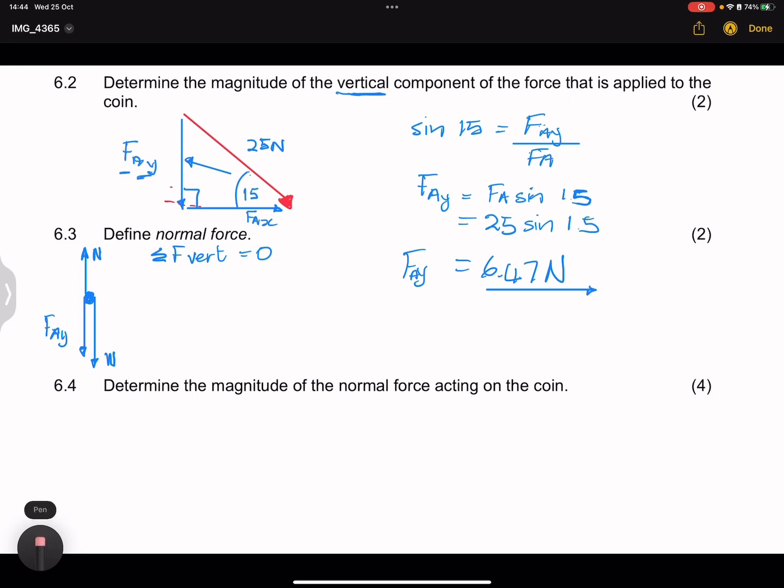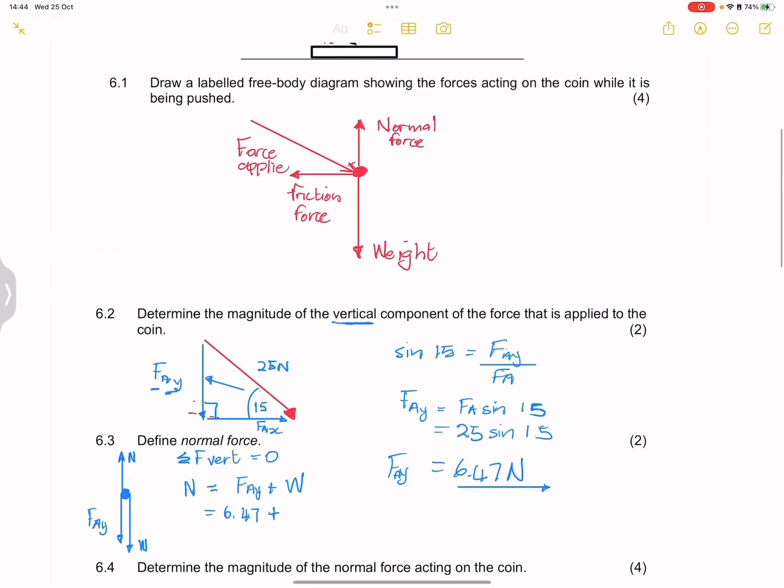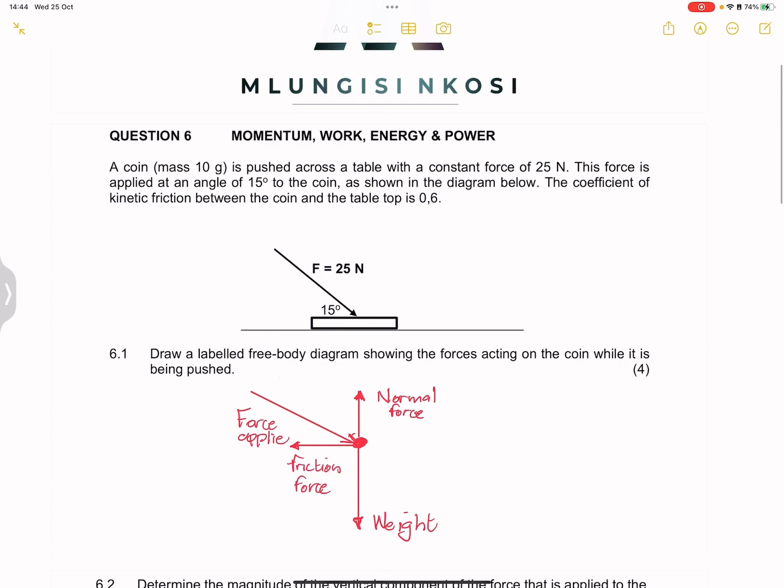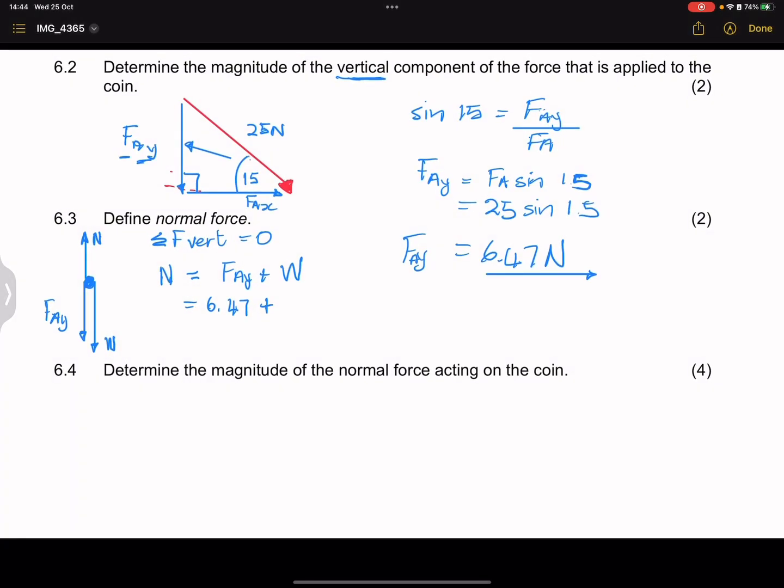And as a result, it means that the normal force will be equal to FAY plus, now remember these two are acting together, plus the weight of the object. So we already have FAY, which is 6.47, right? Plus the weight of the object, the mass of it is, they said the mass of the coin is 10 grams, right? So please remember, that's 10 grams, but we need to convert it to kilograms, right?